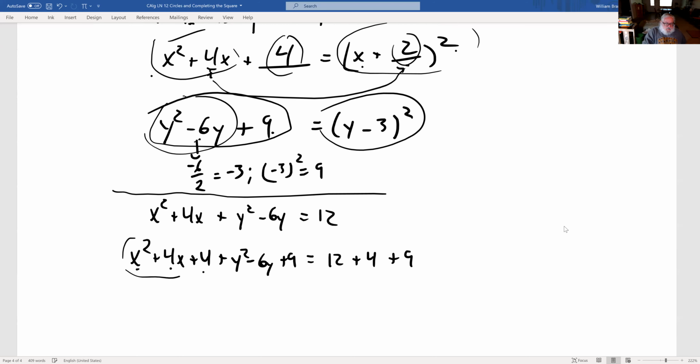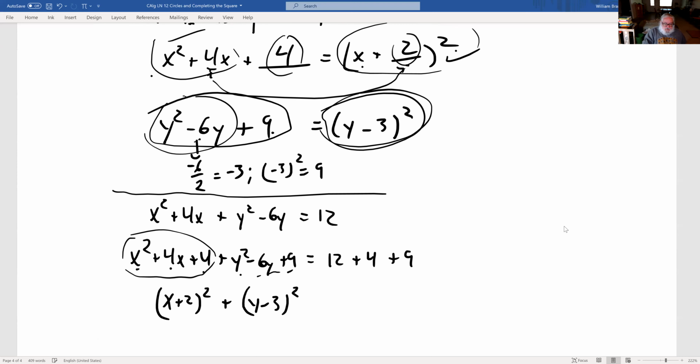But this I know is a perfect square. I can rewrite it like this. So that's x plus 2 quantity squared. And this, y minus 3 squared, that's all this here. And what do I have on the right side? 25 if you add it all up.